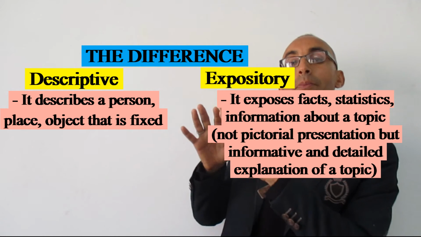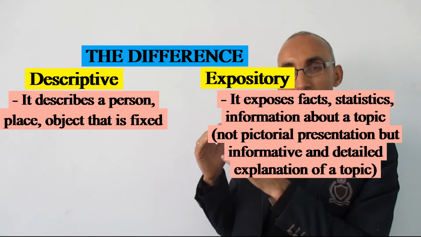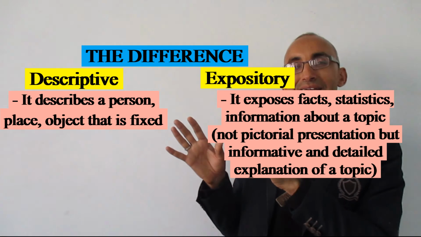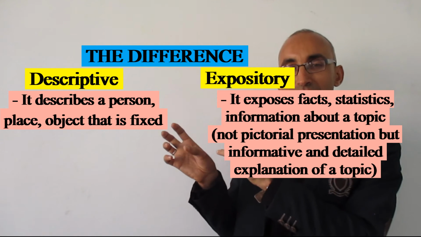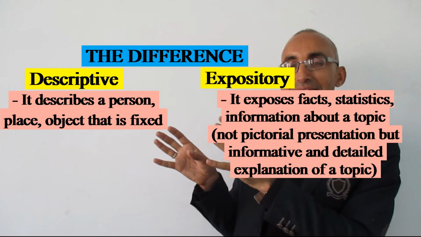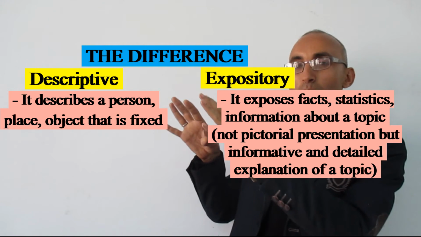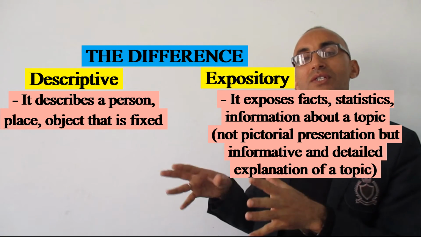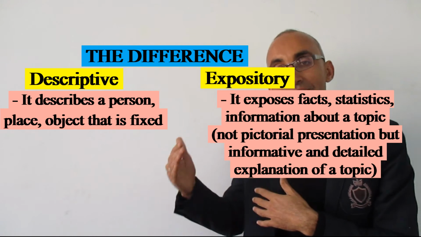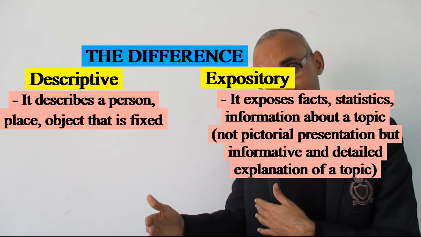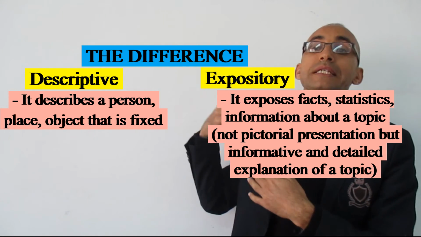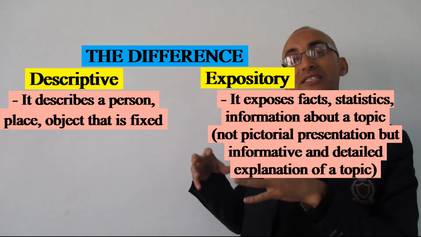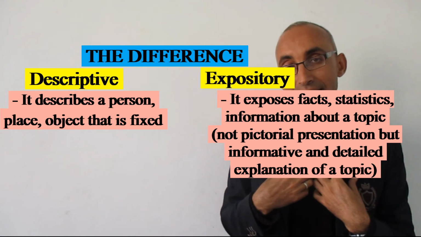Clear? It's not meant just to give that pictorial, you can say, drawing of the topic. Now, it is meant to give information to cover that topic and to inform the reader about it through the different information, different facts we know as writers.